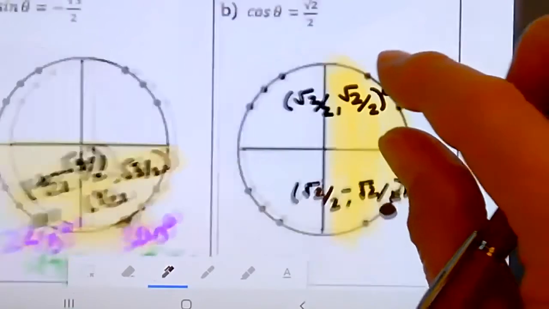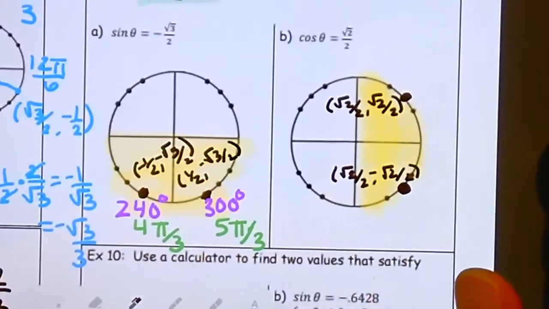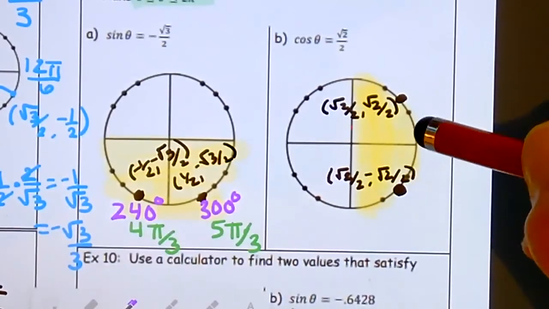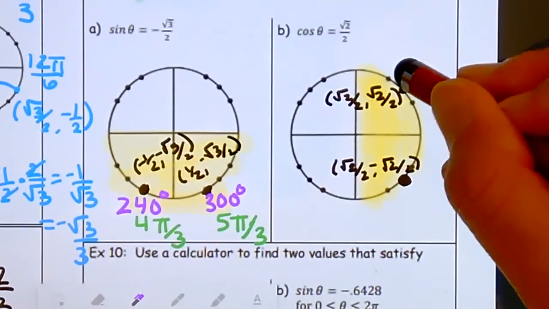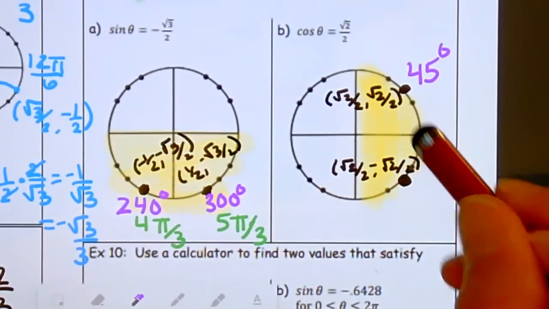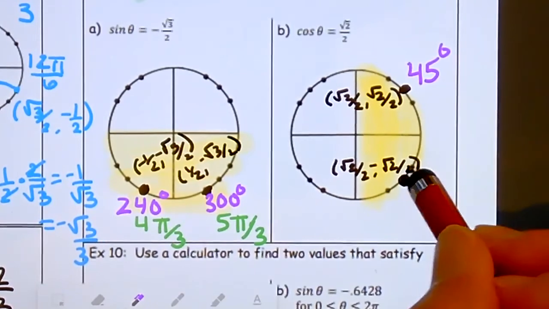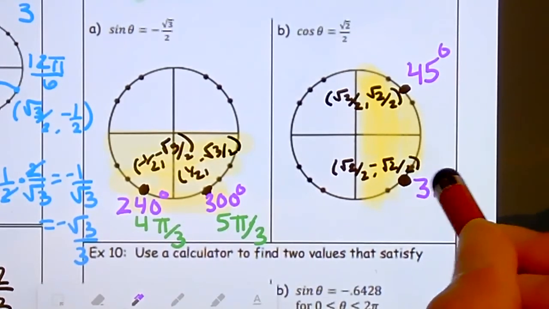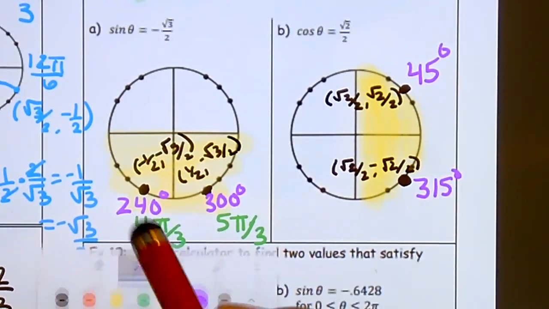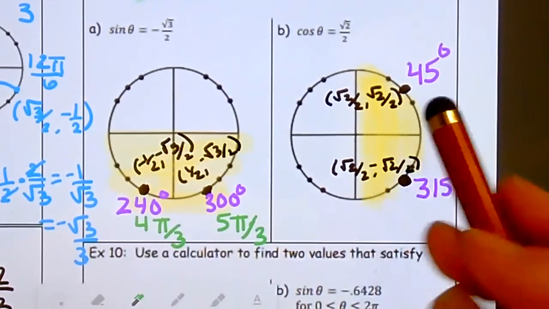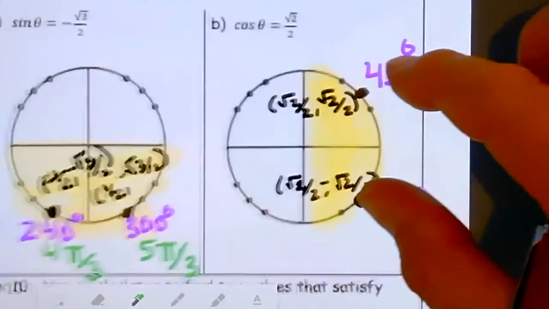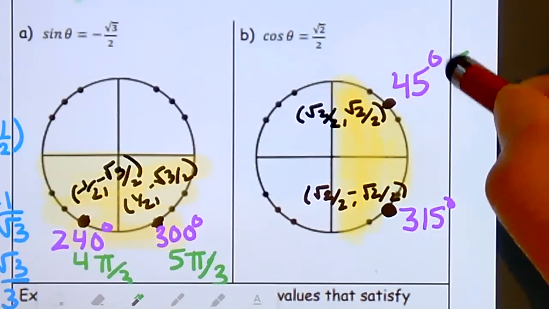And then where am I on the unit circle in terms of degrees? So in terms of degrees, from 0 to here, this is 45 degrees. And here I'm 45 degrees short of 360, which is 315 degrees. And then I'm going to do the same, but in radians. So in radians, this 45 is pi fourths.